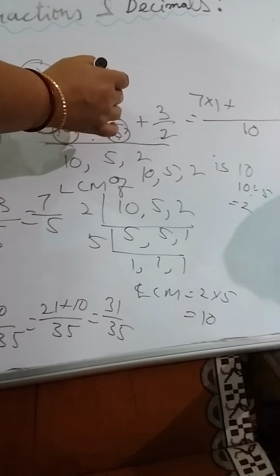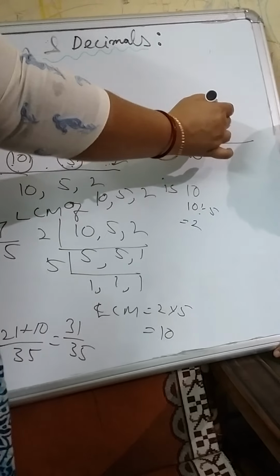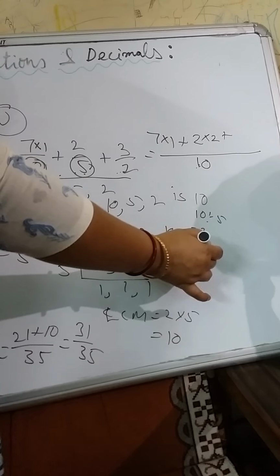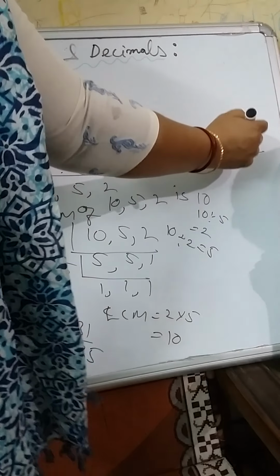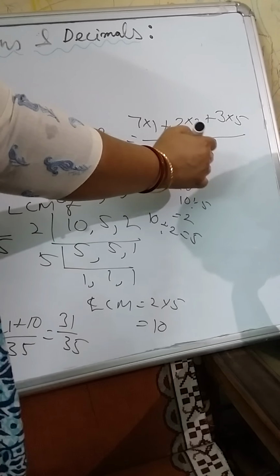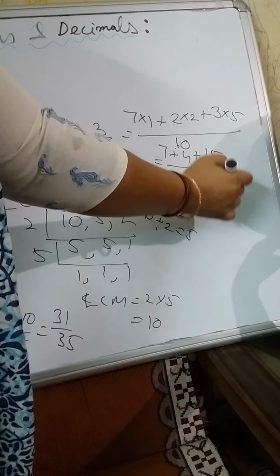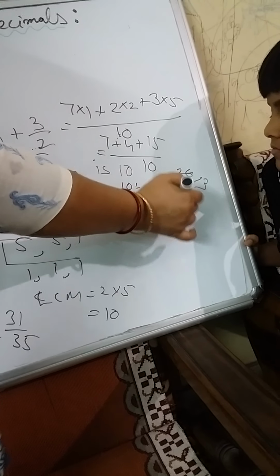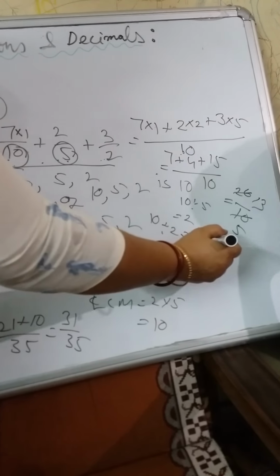So this has to be multiplied by 2, plus 10 divided by 2, that is 5. So this has to be multiplied by 5. So it becomes 7 1s are 7, 2 2s are 4 and 3 5s are 15. 7 plus 4 plus 15, 26 by 10. 13 by 5 is your answer.